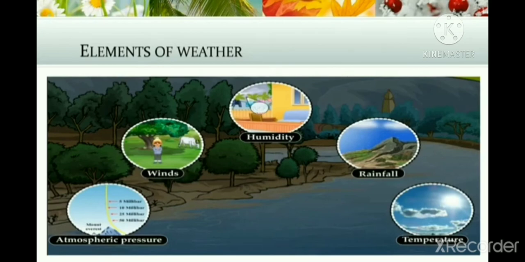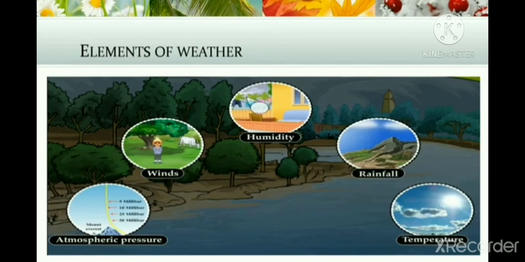So we can take them into consideration while describing climate. The elements of weather taken into consideration are atmospheric pressure, winds, humidity, rainfall, temperature.